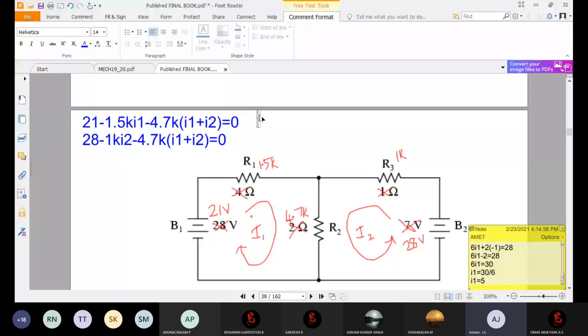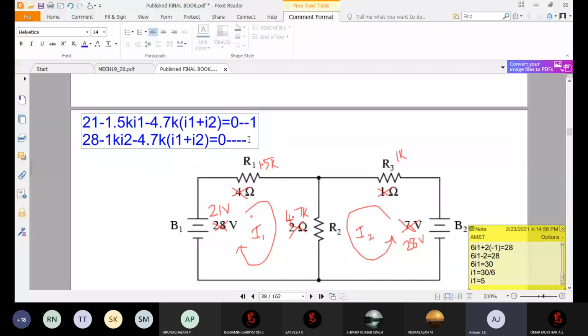Next, the first equation I will rewrite directly. Here, this is the first equation and this is your second equation.